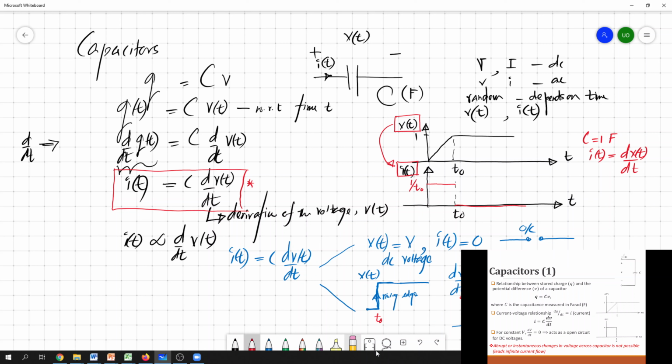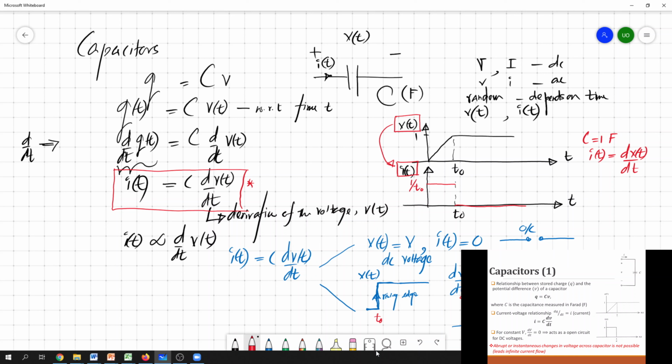It jumps to I max at t equals t naught and again immediately drops back to 0.